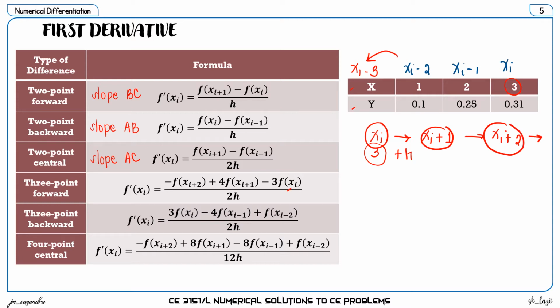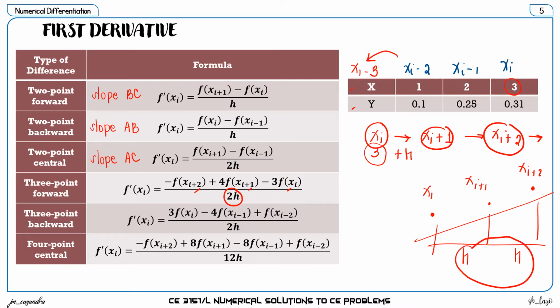If we graph this, this is your xi, xi plus 1, xi plus 2. We know that the difference between the points along x will have the same value, so from point xi to the third point will be 2h.